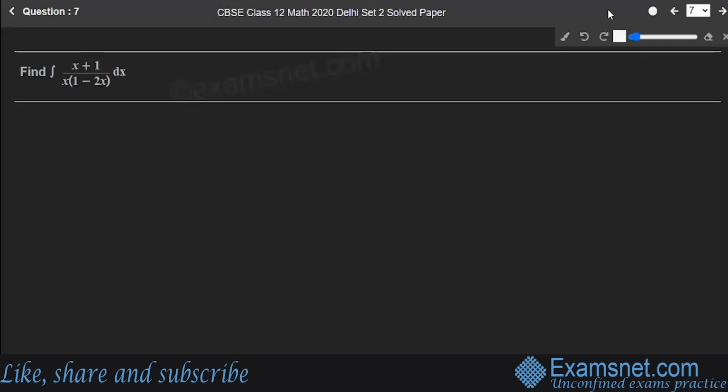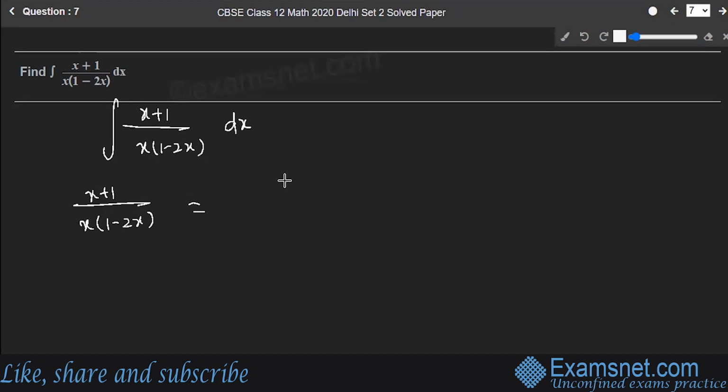Question number 7, you have to find out the integral of x plus 1 upon x into 1 minus 2x dx. I'll be solving this first, x plus 1 upon x into 1 minus 2x. I'll be using the partial fractions concept over here. This can be written as a upon x plus b upon 1 minus 2x.